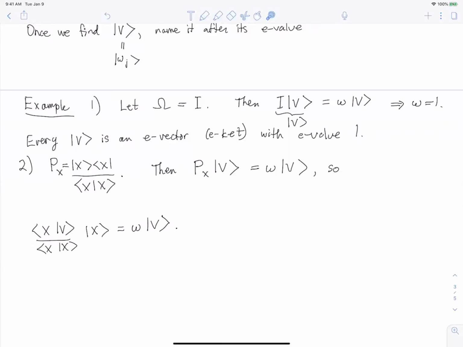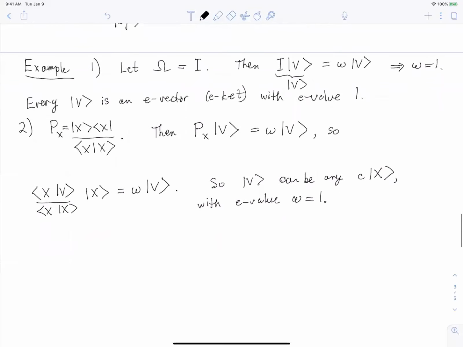All right, so this right here, whatever it is, is just some complex number. And so what we need to be true is that v is some multiple of x. So v can be any complex number times x, with eigenvalue omega equals 1. That will work.